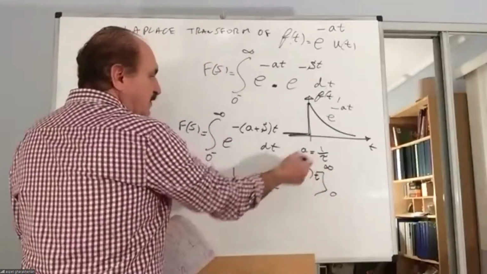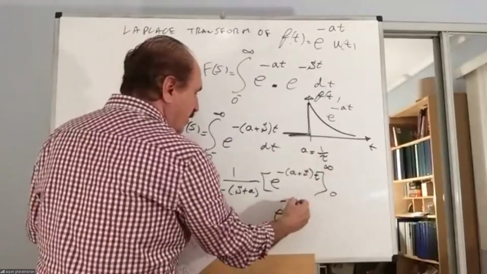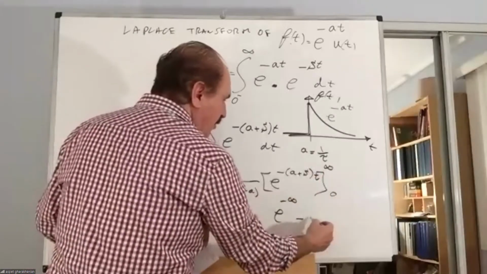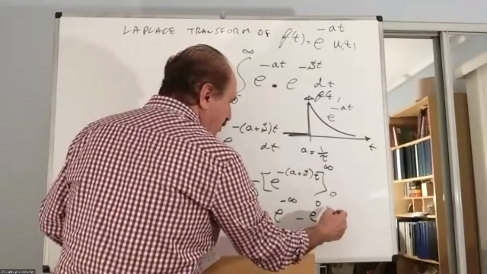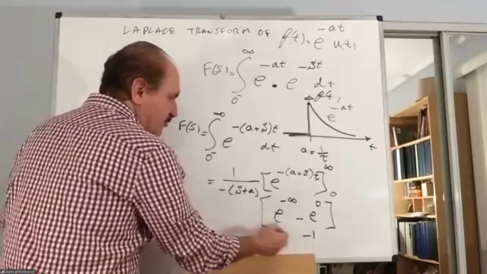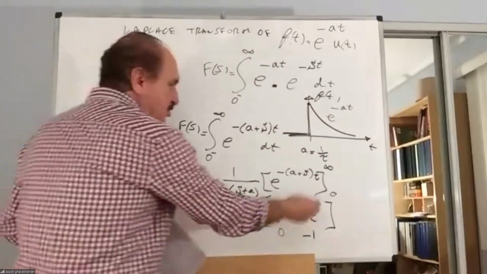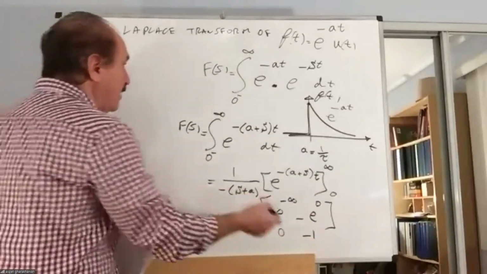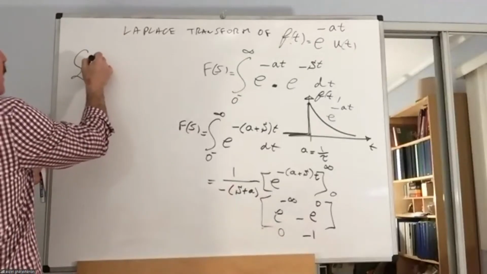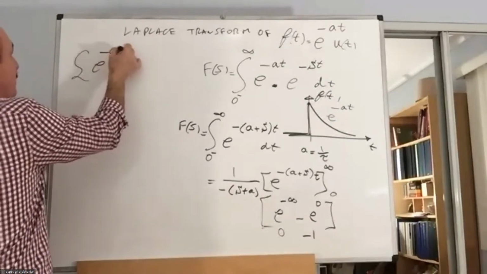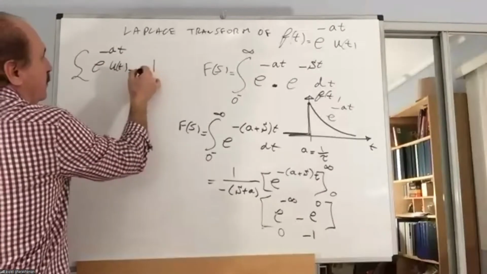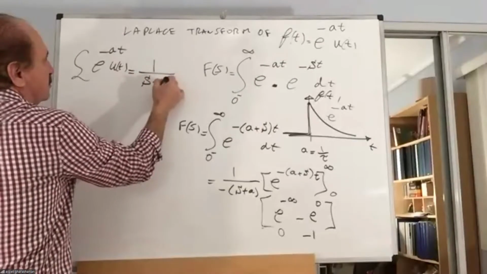If you put the infinity there, e to the power minus infinity will bring it to 0, and then you put t equal to 0. This will be e to the power 0, which will convert that into a minus 1. This term will drop to 0, it will vanish. This term will become minus 1. Bottom line, the Laplace transform of e to the power minus at u of t will become 1 over s plus a.